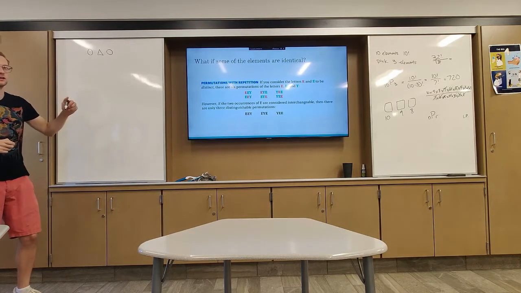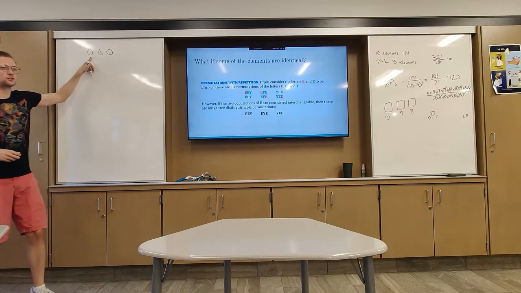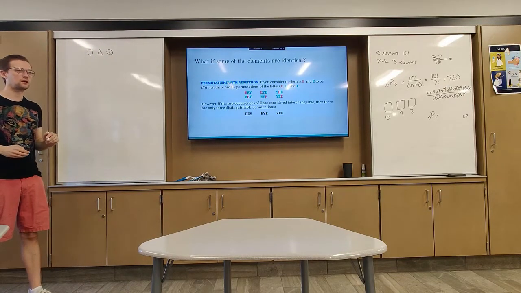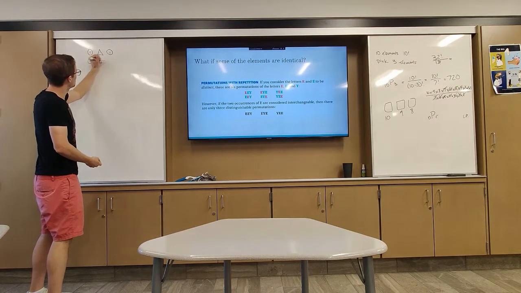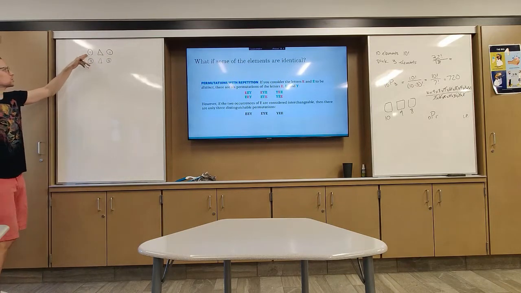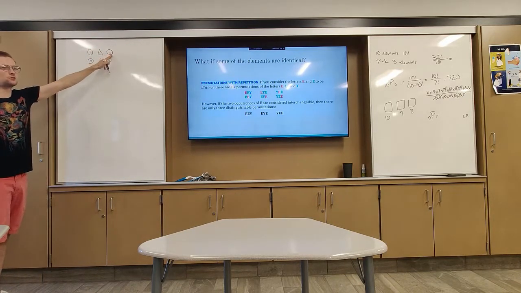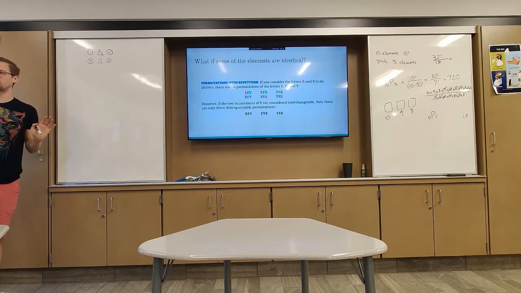But there's an issue here. Now, imagine that these were distinguishable. This is circle 1 and this is circle 2. If I switch these around, 2 and 1, these 2 are different, right? Because I have circle 1 first and then circle 2, and this is circle 2 first and then circle 1. These are 2 different orderings. We agree there, right?